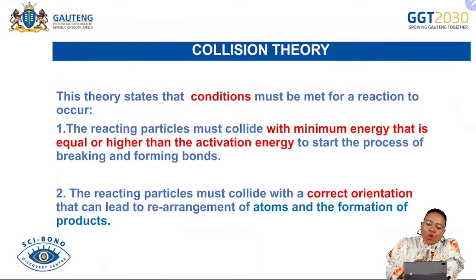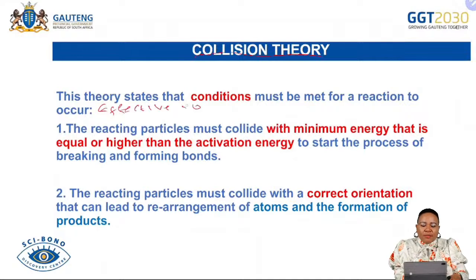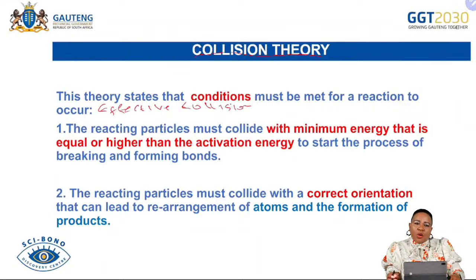Now let's look at our collision theory. We agreed that for the reacting particles to react, there must be an effective collision. So there are conditions for the effective collision. Number one, what will make the reacting particles have an effective collision?